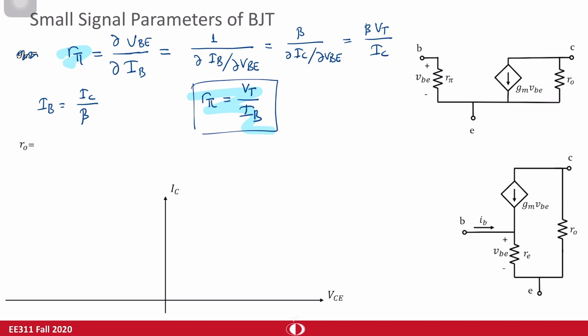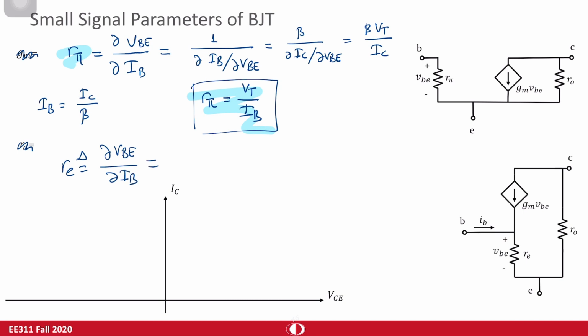So now I know Rπ. For the emitter, you can do a similar calculation. Now it's input voltage versus emitter current, because it's appearing at the emitter. So the voltage is input, current is passing through the emitter. By definition, you can write it as del VB divided by del I emitter.